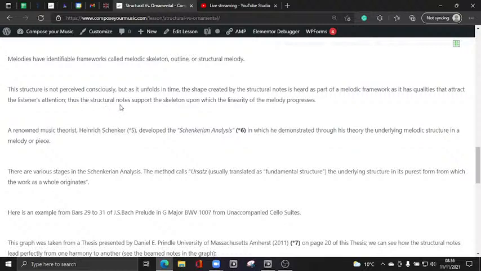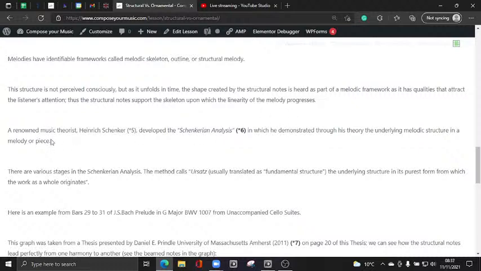The structural notes support the skeleton upon which the linearity of the melody progresses. Very interesting. So basically they are the pillars of the melody. Yes, that is the structure.